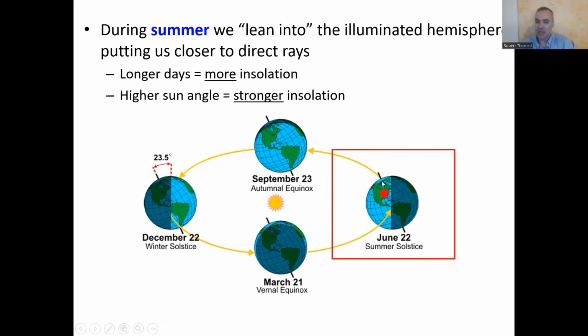So what that means is that as you rotate each day, you're going to spend more hours and minutes of your day rotating through the lit hemisphere here because you're leaning into it, and fewer hours in your day rotating through the darkened hemisphere over here.